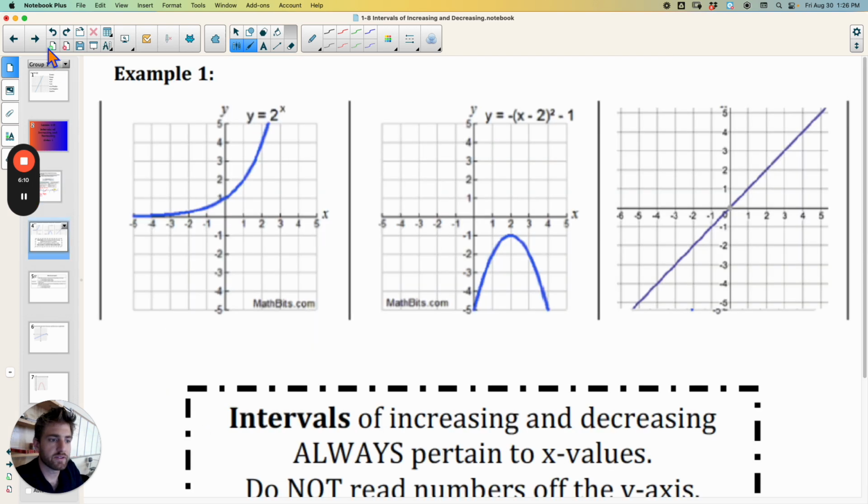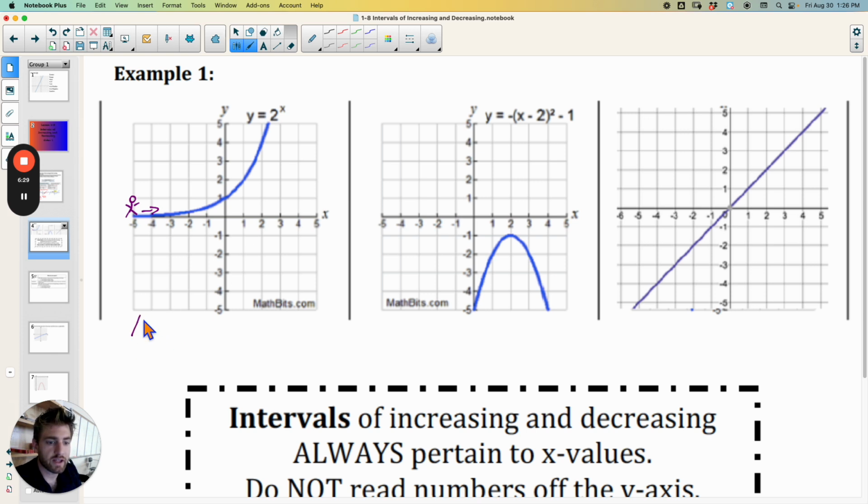All right, let's go on to this next page here. So a couple examples. Example number 1. This function is actually always increasing. It's an exponential function. If you were to, let's put a little stick figure here, as this guy moves from left to right, he's always increasing.